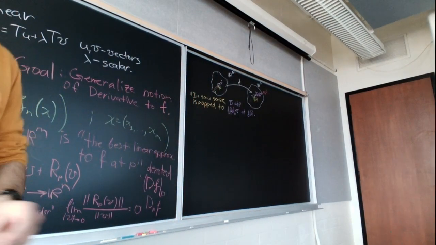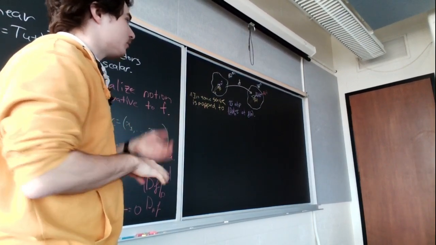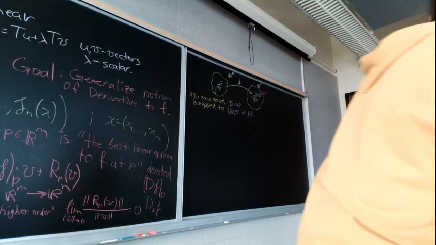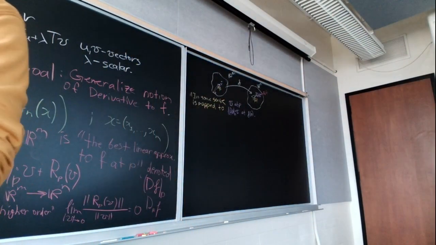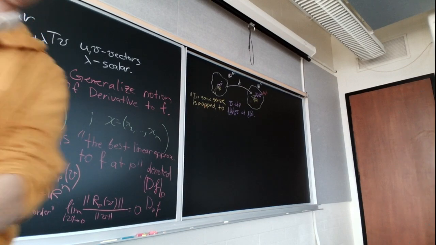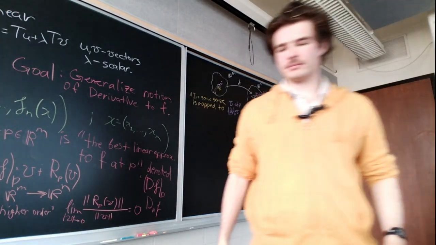Okay. And you can believe me that this is what a derivative was for us in one dimension as well. Do you agree? Because for us, what was a derivative in one dimension? What kind of thing was it?